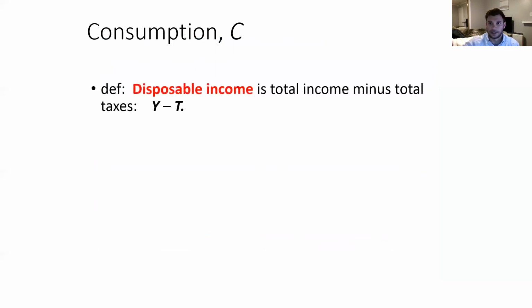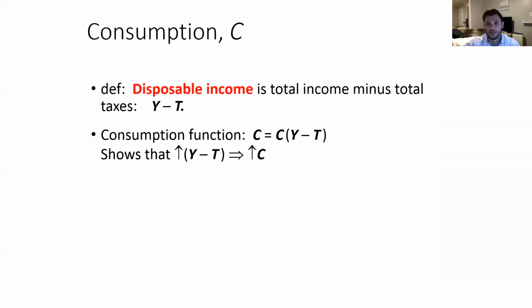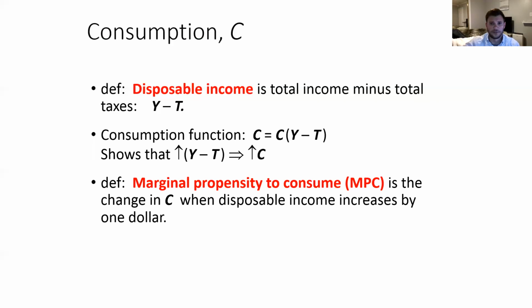First, we wanted to discuss the first component of GDP, which was consumption. And we started modeling consumption as a function of disposable income, which was income Y minus the amount of income taxes collected T. And we thought about this theoretical consumption function that implied a positive relationship between disposable income and the quantity of expenditure in the consumption component. We also defined the marginal propensity to consume, which was measuring the change in consumption with respect to a change in disposable income.